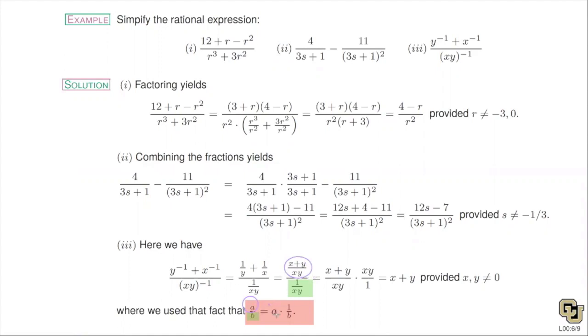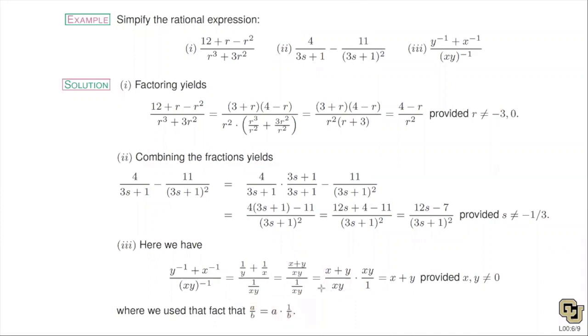So now I'm going to do a times 1 over b. This right here is the reciprocal of b. The reciprocal of 1 over xy is just xy.